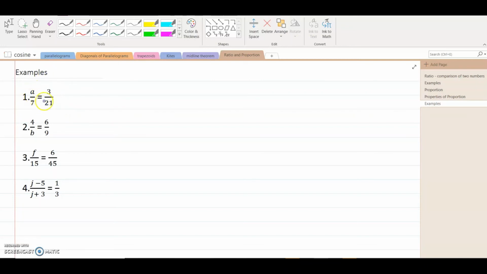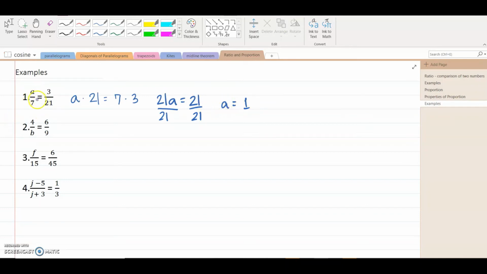So we can rewrite it as A times 21 equals 7 times 3. Then we get the product. So we have 21A equals 21. What we're going to do is divide both sides by 21. So A is equal to 1.